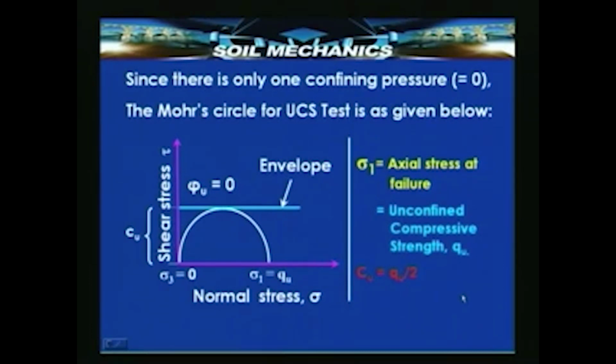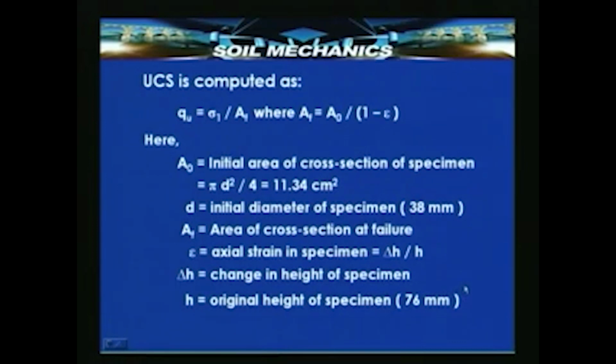It can be done both in the lab and in the field. Let us take an example. The example would involve a number of parameters which are described here, and the relationships are also given here. A0 is the initial cross section. There is a vertical axial strain that the sample undergoes.